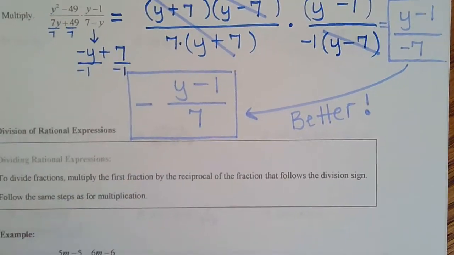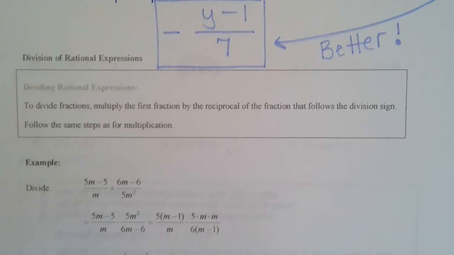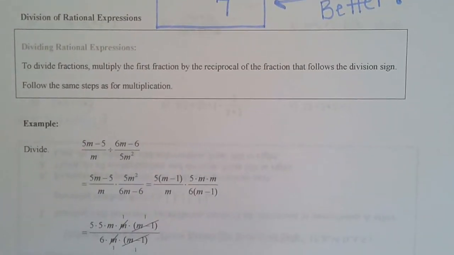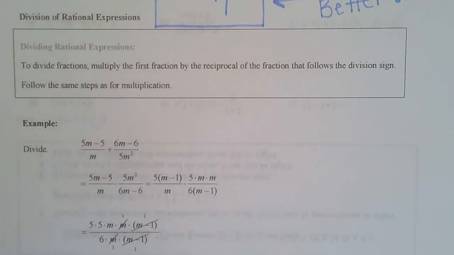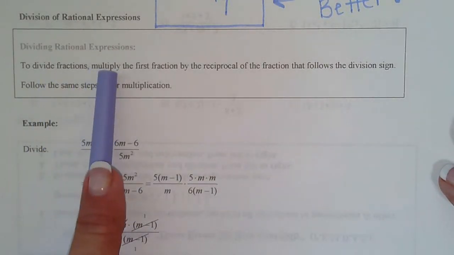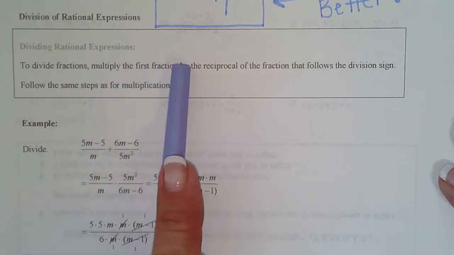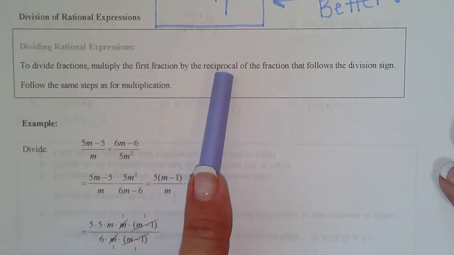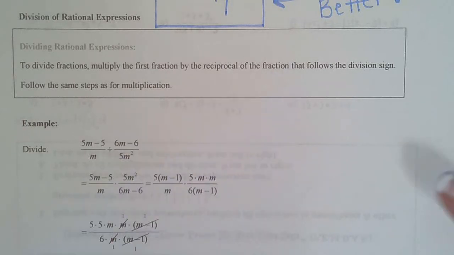Okay, let's take a look at division, and you're going to see division is almost the exact same thing as multiplication with one exception. So to divide fractions, we have to multiply the first fraction by the reciprocal of the fraction that follows.